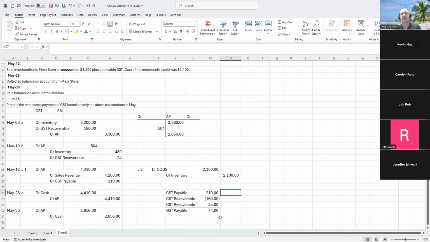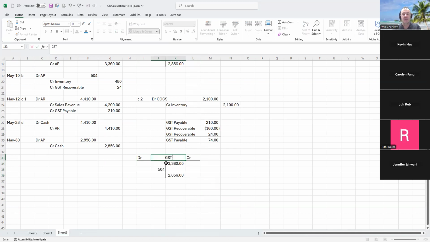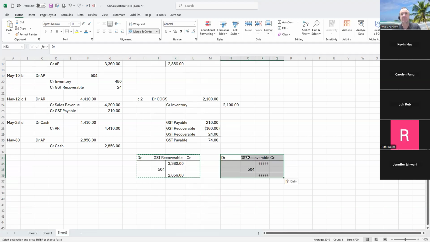Now we have to balance those accounts. So basically we're going to carry two accounts. I'm going to carry here my GST recoverable account, and then I'm going to carry another account that will be my GST payable.